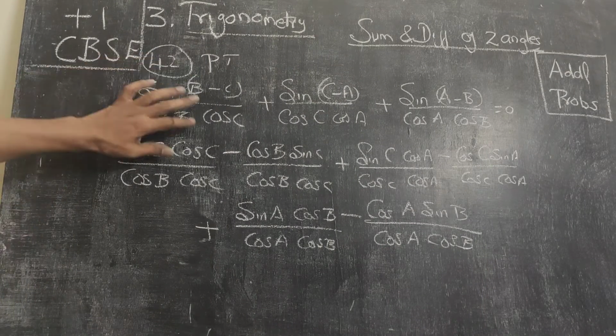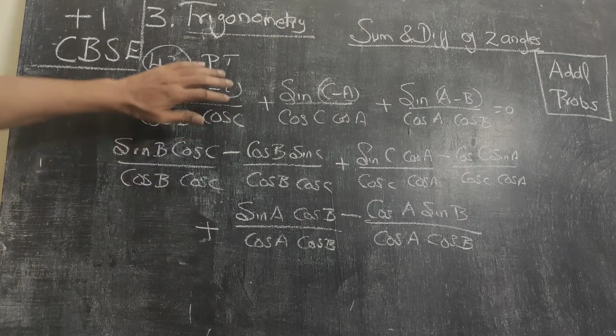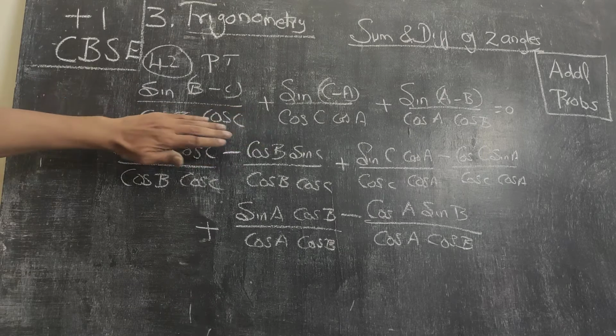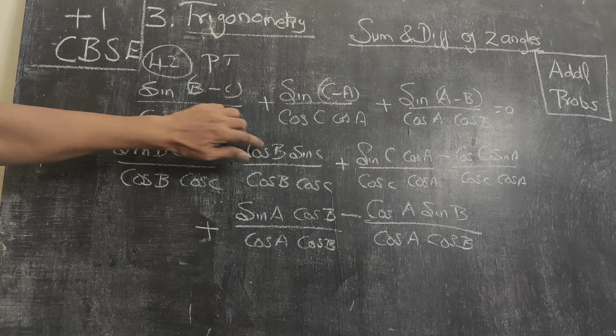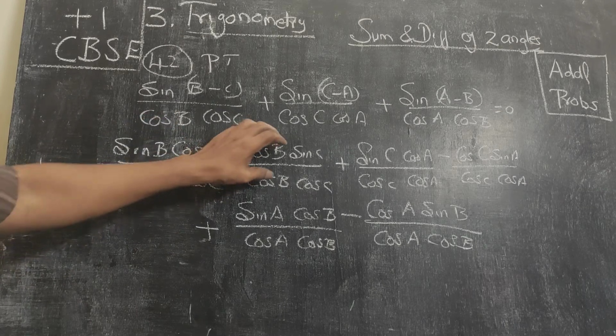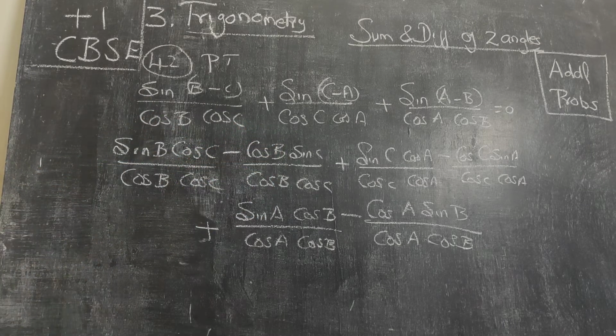Normally we will be doing this and the whole thing by this. Instead of that, I am saying that I have expanded. The denominator is cos B cos C for both, so I have split it up like this. So this factor by this and this factor by this, cos B cos C.